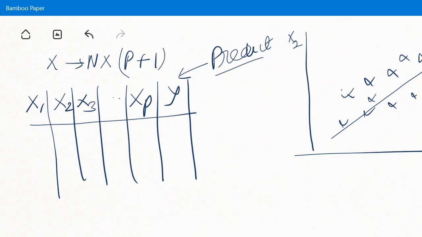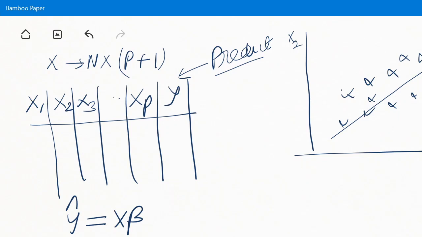And so the predicted value y cap is written as x into beta, where beta is the matrix of coefficients that we are trying to estimate.